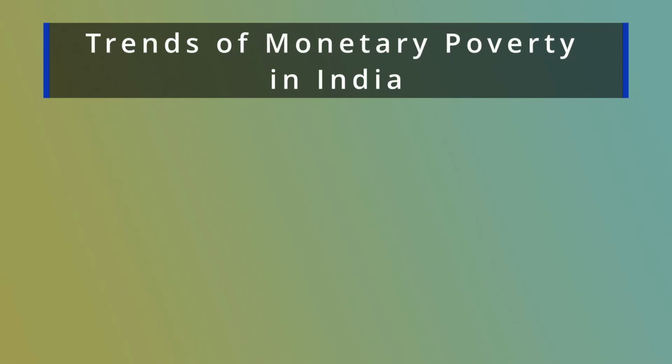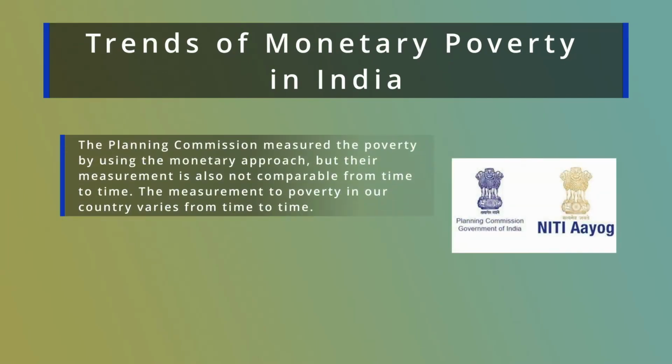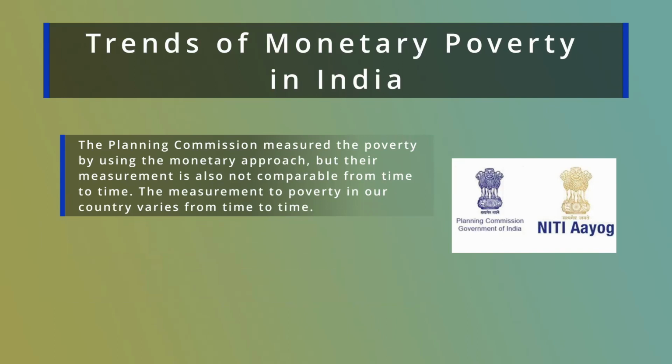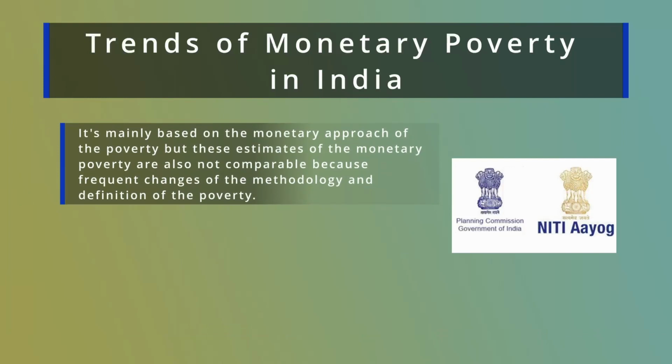The Planning Commission measured poverty by using the monetary approach, though there was also evidence of measurement using the multidimensional approach. Most of the estimation of poverty used by the Planning Commission is mainly based on the monetary approach of poverty.